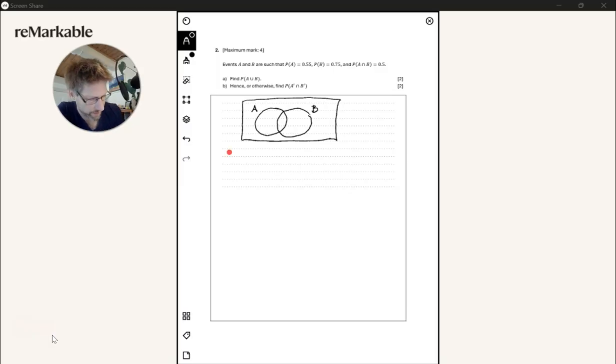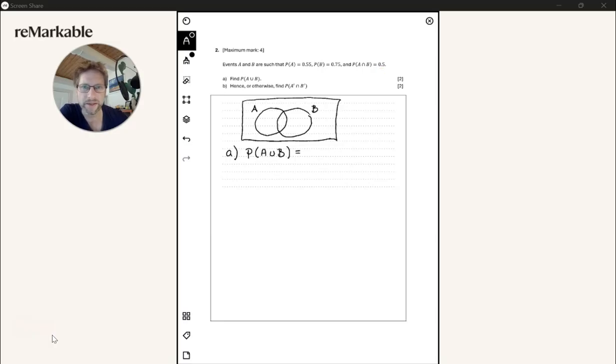And they want first to calculate the probability of the union, A union B. So for that, we know the whole probability of A. You can think in terms of the Venn diagram, that we know the size of A, and that's 0.55. And the size of B is 0.75, and in fact the intersection is pretty large, it's 0.5.